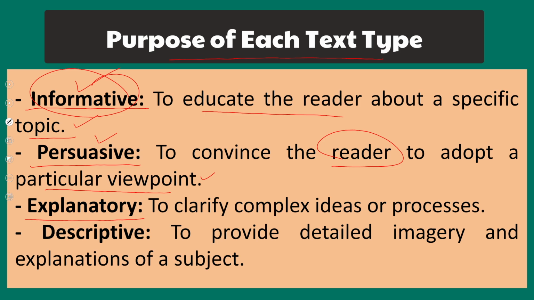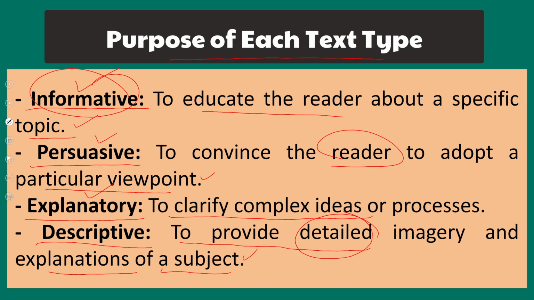Explanatory text: the purpose is to clarify complex ideas or processes. So in order to explain a phenomenon, the working of something, any gadget, any concept of biology, all of them are actually explanatory text.